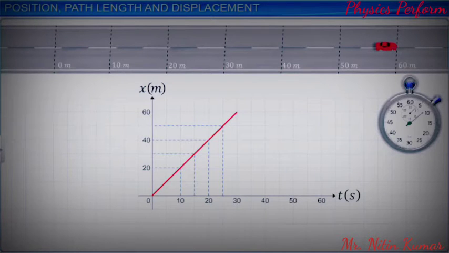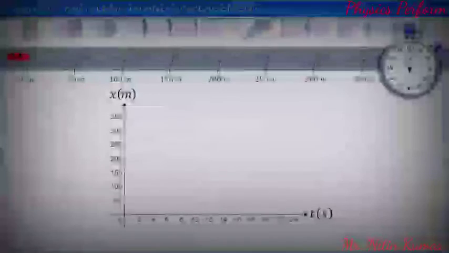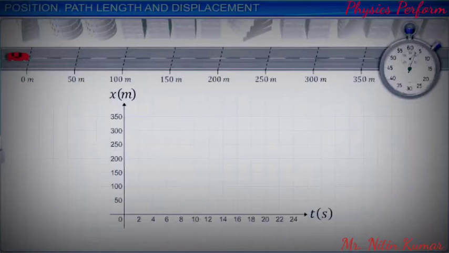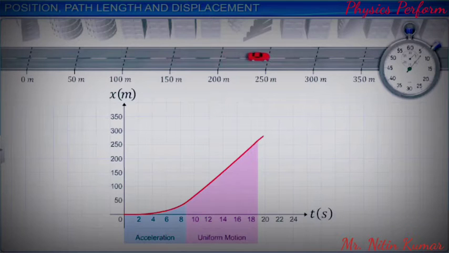If the car starts from the position of rest, picks up speed, and moves with uniform speed for some time, later, the brakes are applied and its speed gradually decreases, and the car finally comes to rest, this graphical representation shows all the three types of motion, that is, acceleration, uniform motion, retardation, and back to rest.